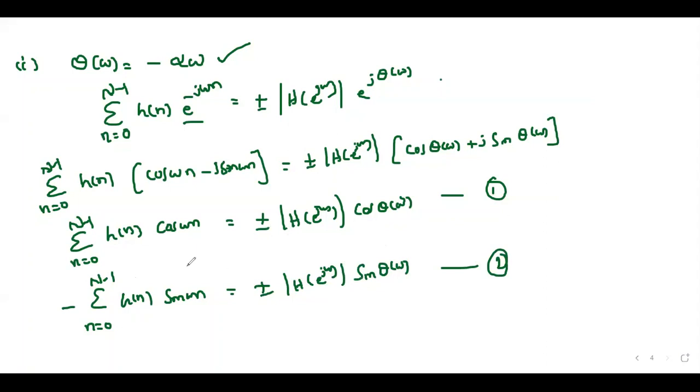Okay, now from this, second equation by first equation I will do, so that I will get tan here. So I am dividing, therefore I will get some equation in terms of the theta of omega. Therefore 2 by 1 I will do.